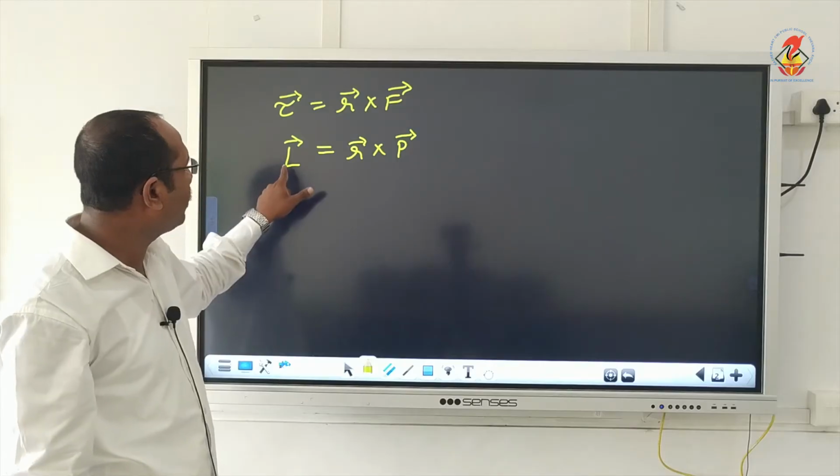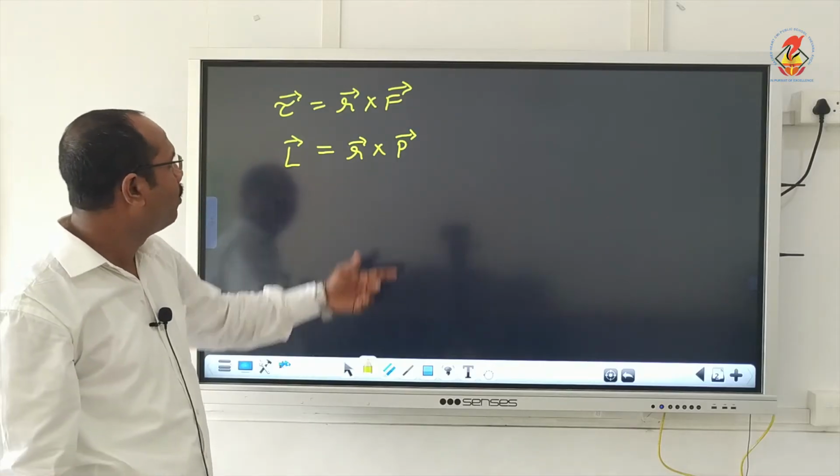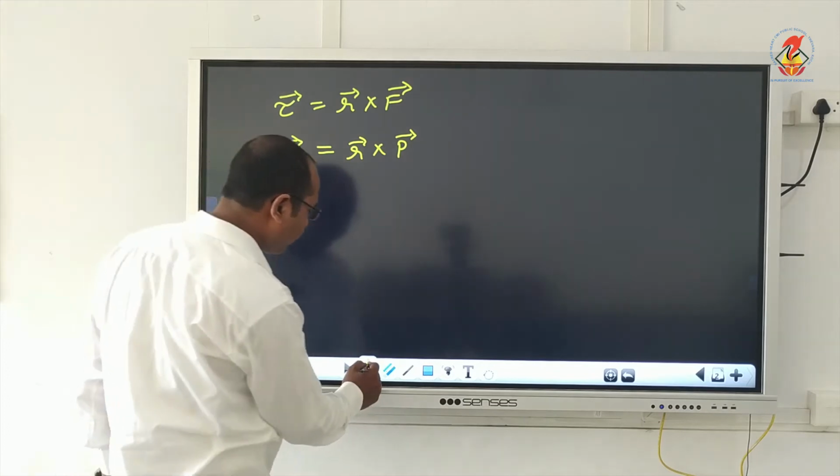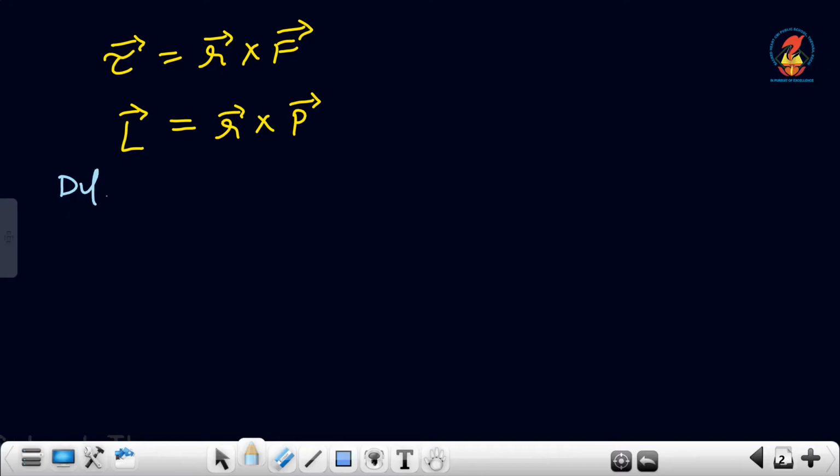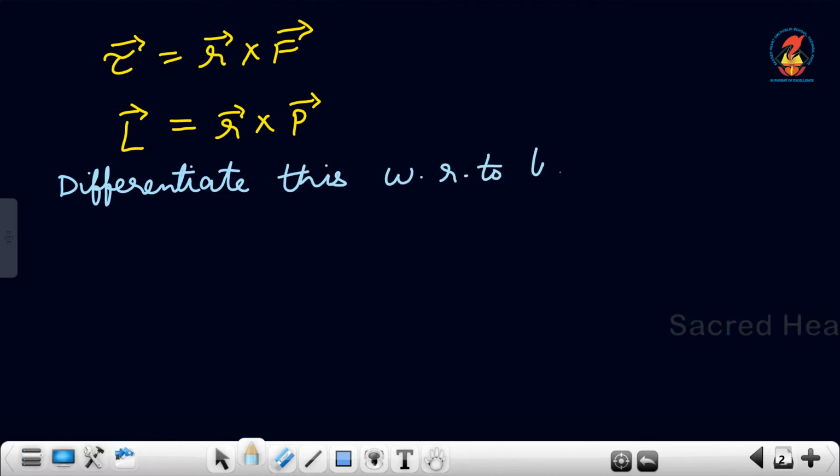Now, I am going to differentiate this equation with respect to time.